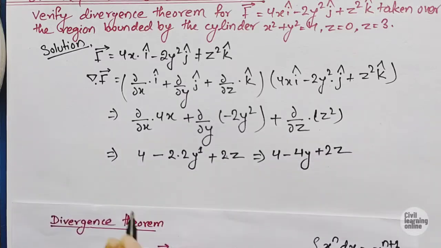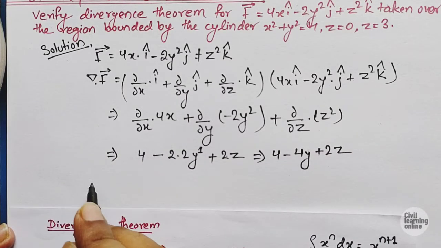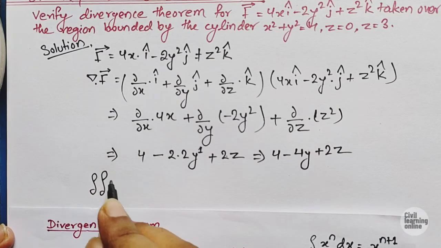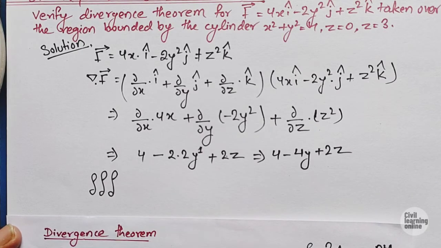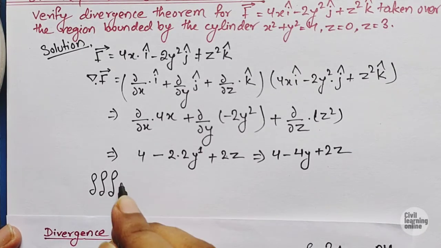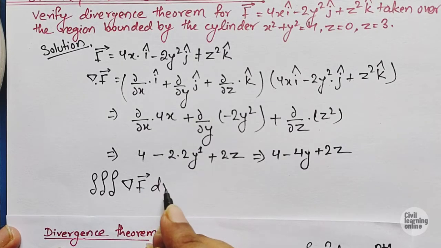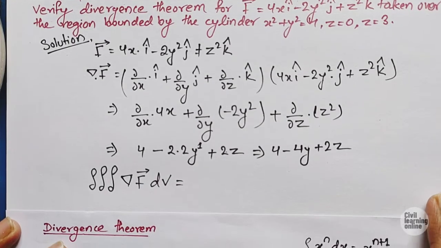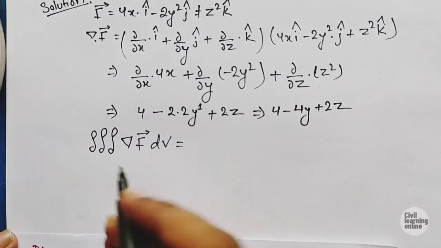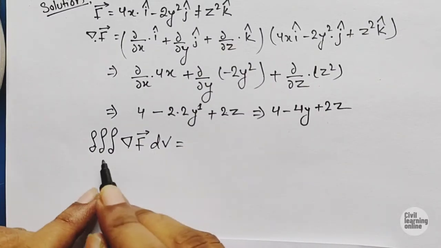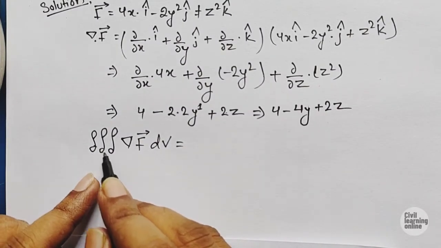Now we will write here the volume integral of the divergence of vector f dV will be equal to, now volumetric means one integral each for x, y and z.